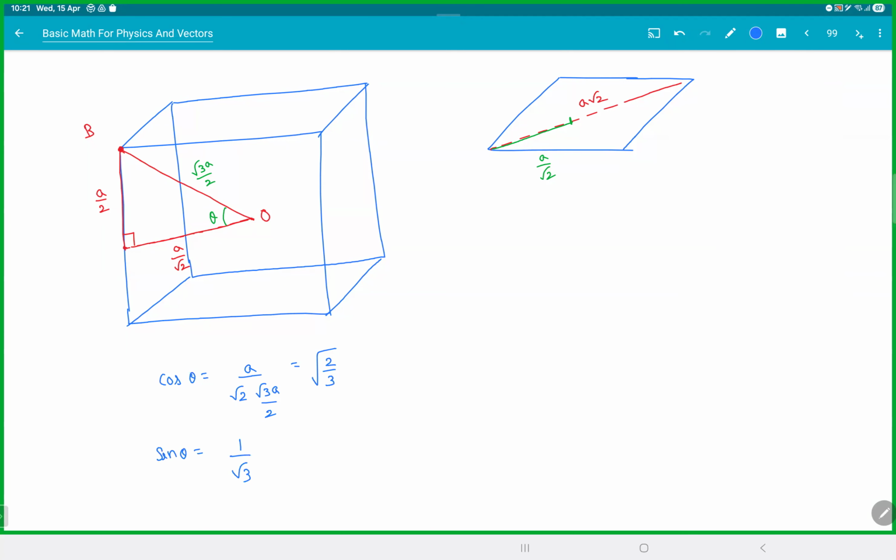Anyone confused with theta, please ask. Right, Ahana, you got it. So how did you get a by root 2? That is half diagonal. When you drop from the center to the edge of this, isn't this a half diagonal? This is your half diagonal.